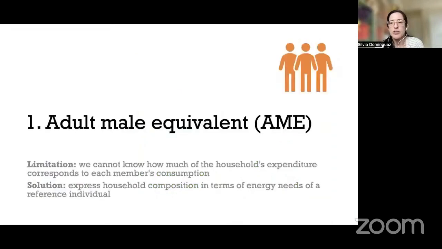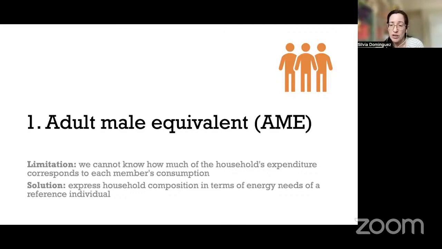So I mentioned at the beginning the adult male equivalent. I will now start walking you through the data transformation steps, but this is the first concept that I'd like to introduce that is very important for this approach. So as we mentioned, a limitation of household budget surveys is that they provide expenditure data for an entire household, per household.